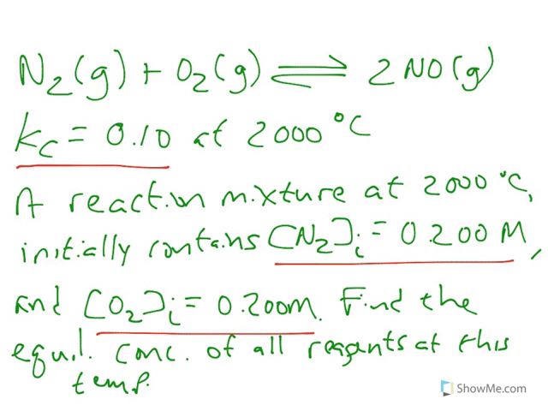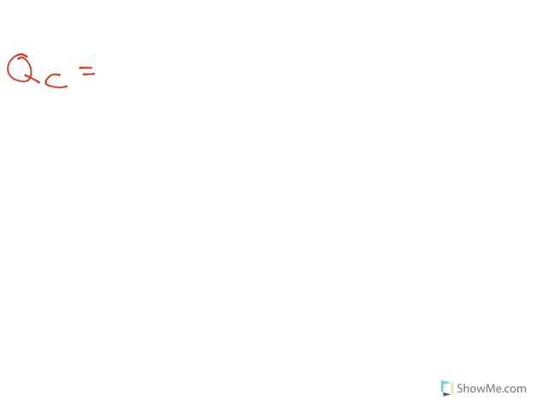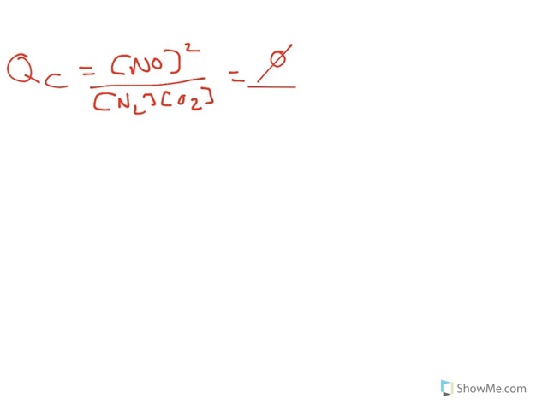So Qc in this case happens to be the concentration of NO squared over the concentration of N2 times the concentration of O2. And I said this is trivial because the initial concentration of NO is 0. These were 0.2 times 0.2, it doesn't even matter, but we're just being complete, and of course it's equal to 0.